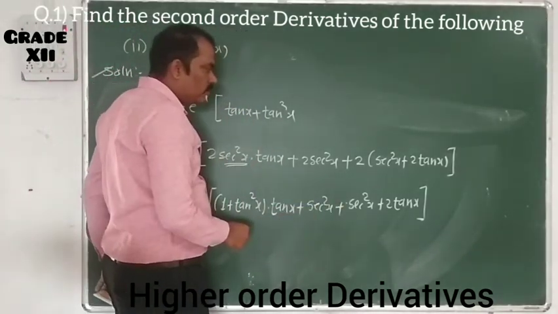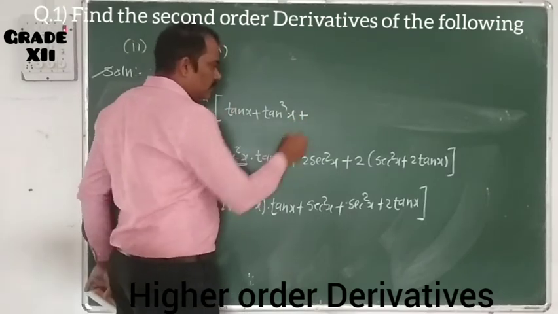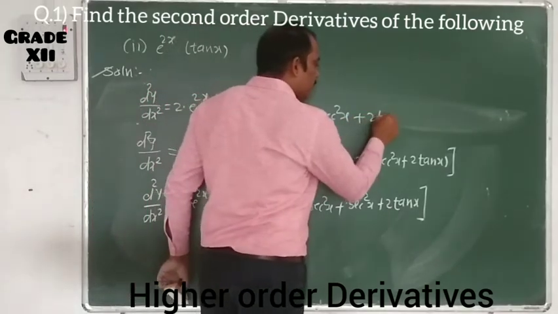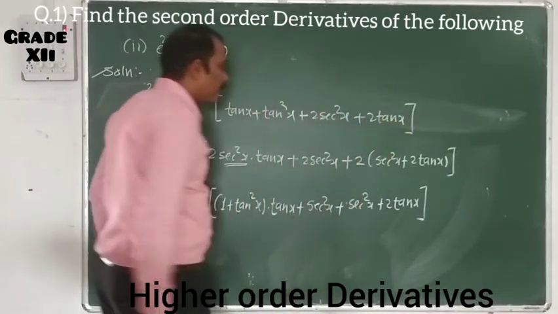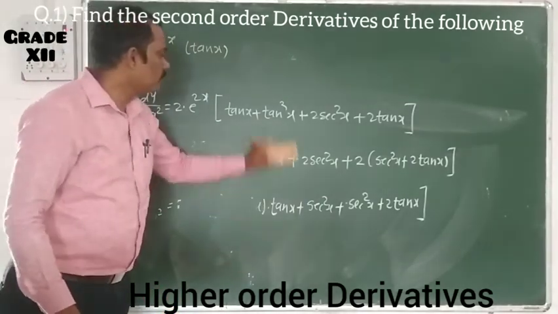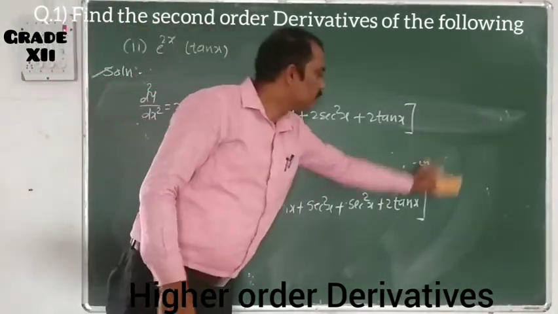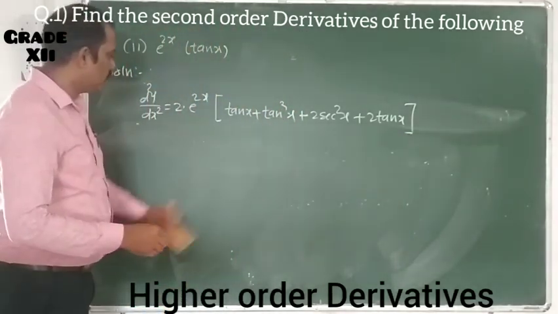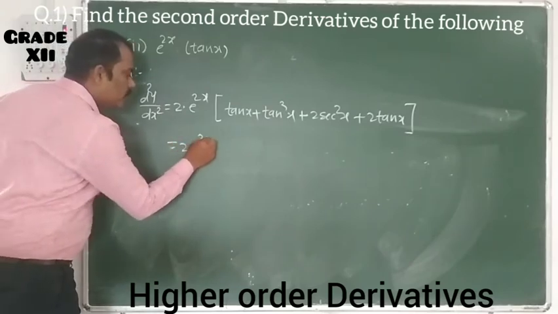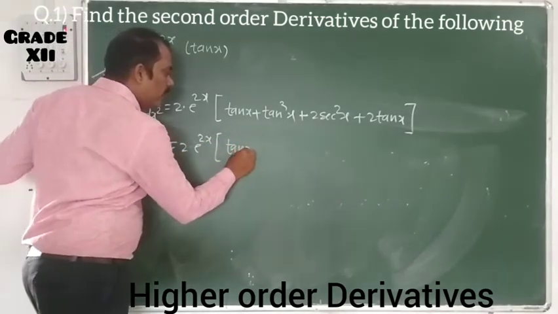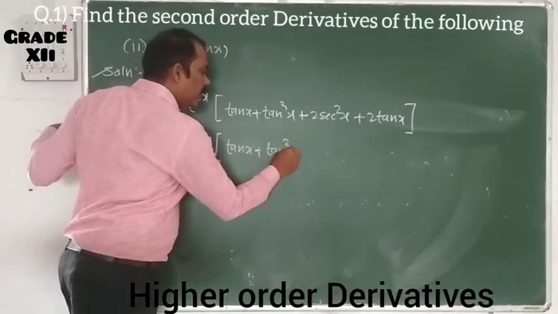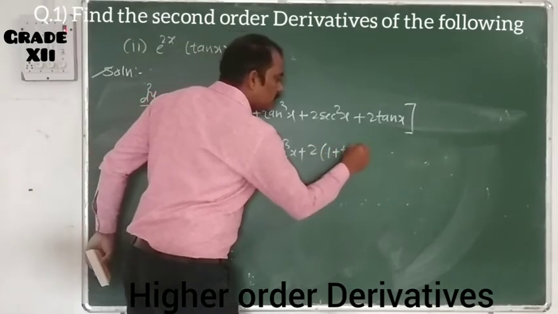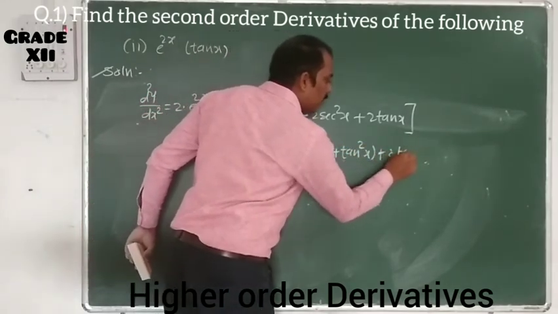Sec square x, that is 2 times sec square x plus 2 tan x. So that 2 into e raised to 2x into bracket tan x plus tan cube x plus, this is nothing but 2 times 1 plus tan square x plus 2 times tan x.